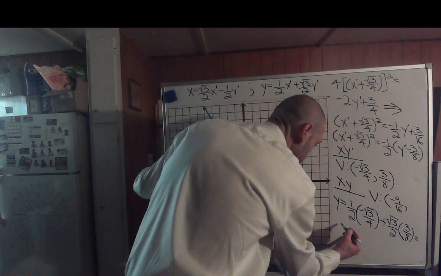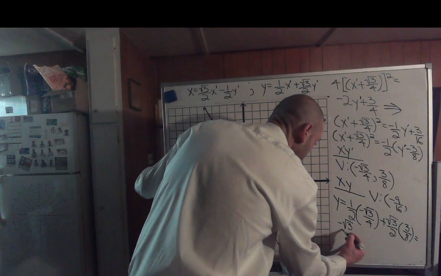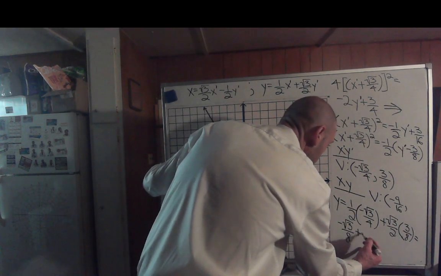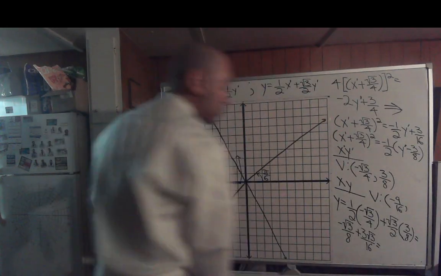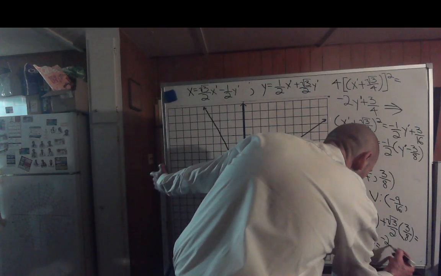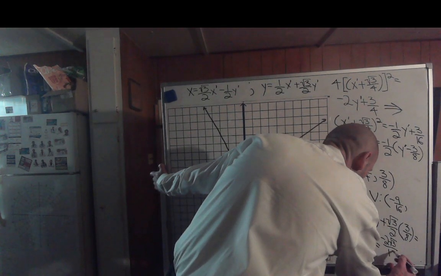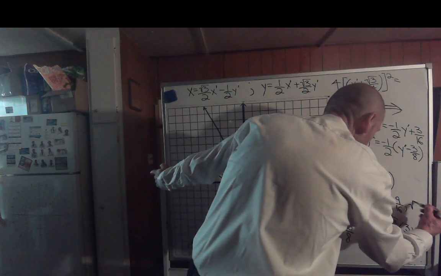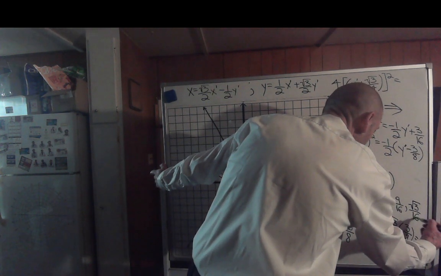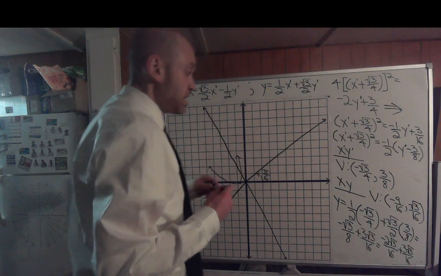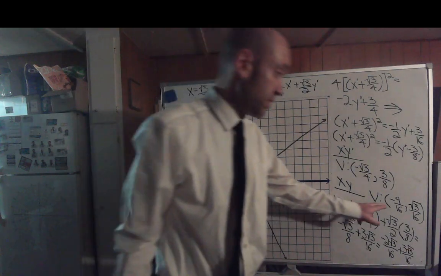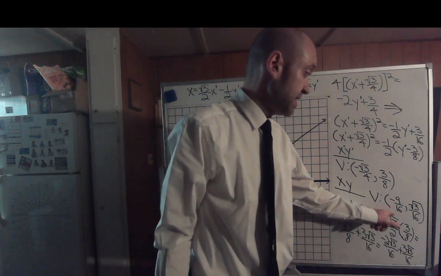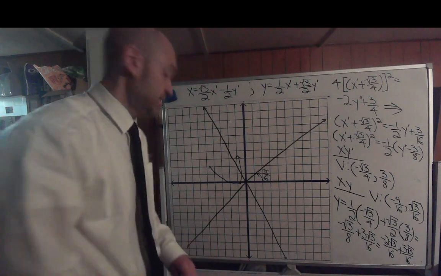So that's going to simplify into negative square root of 3 over 8 plus 3 times the square root of 3 over 16, which should end up giving me negative 2 times the square root of 3 over 16 plus 3 times the square root of 3 over 16, which should just be square root of 3 over 16. So the xy equivalent of this vertex would be at negative 9/16, square root of 3 over 16.